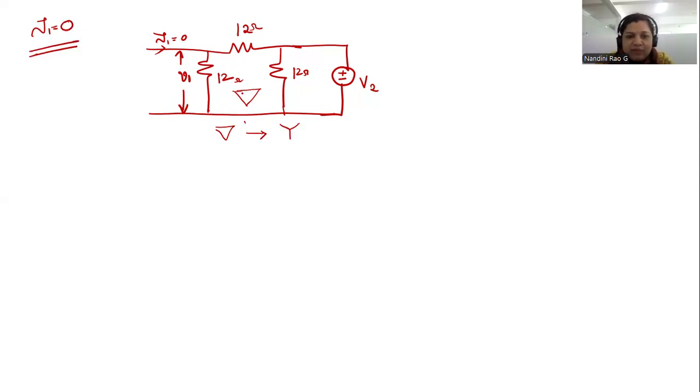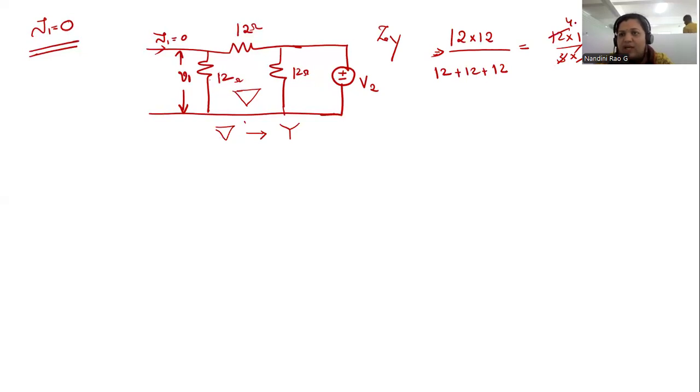If you're converting from delta to star, you just multiply these two, 12 into 12, divided by the sum of all the resistors. Since all the values are the same, 12 plus 12 plus 12, so it will be 12 into 12 divided by 3 into 12. So 4. Okay. So for each branch in the star transformation, I have the resistance as 4.